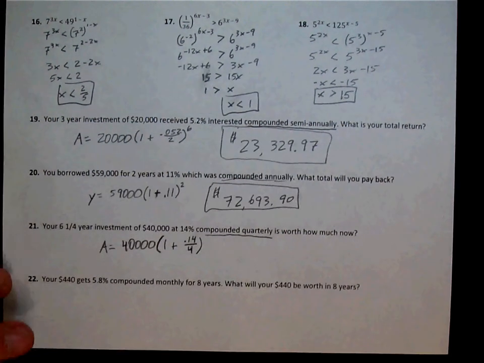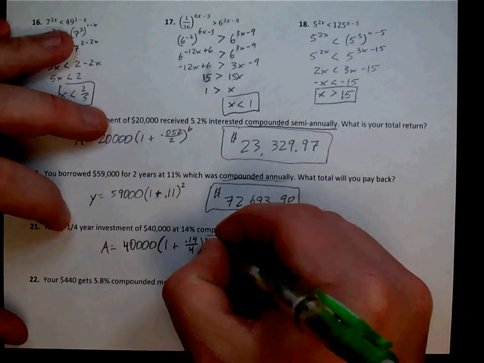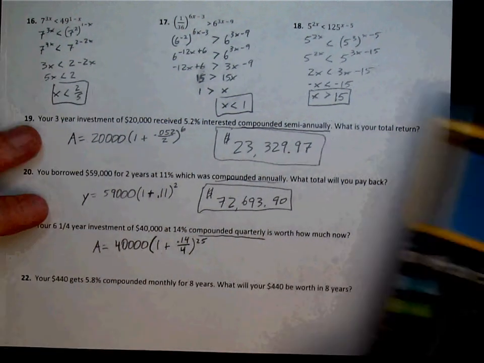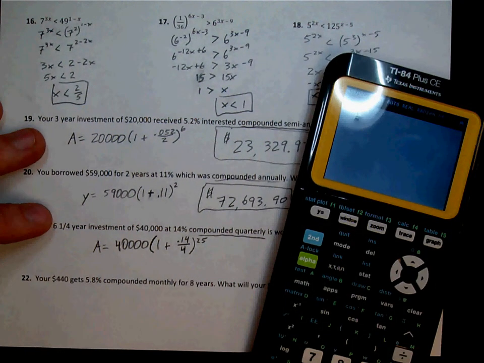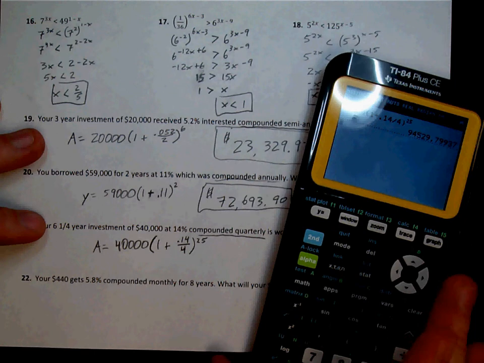Now, we're getting interest 4 times a year for 6.25 years, so 6.25 times 4 is 25 times, so we're getting interest a total of 25 times. So we've got 40,000, 1 plus 0.14, divided by 4, to the power of 25, $94,529.80.